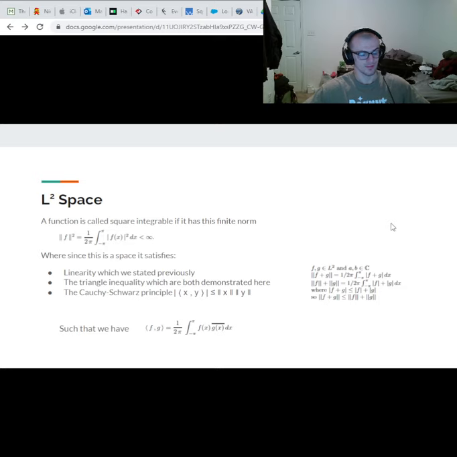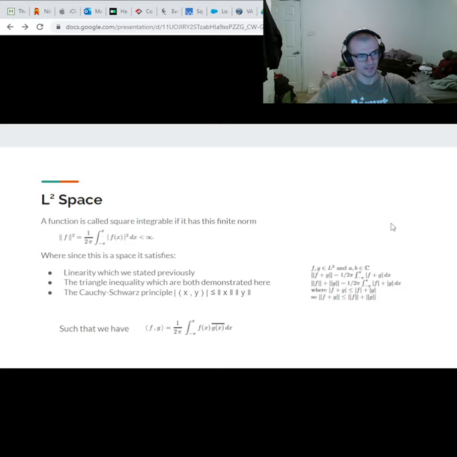which we can now use to define the space that we will be working in for our Fourier series proof, and this would be the L2 space. The L2 space is defined as a space that has a norm squared or a square integral norm such that it is defined as on the page.